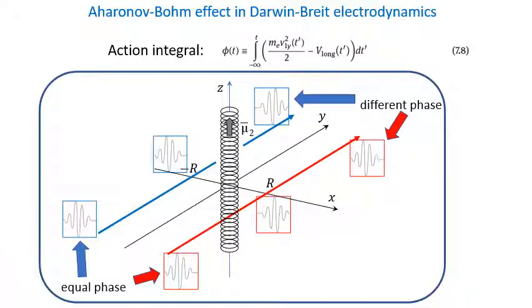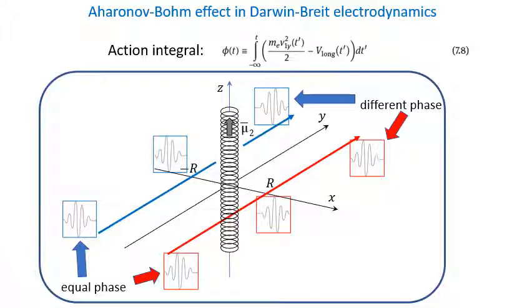While traveling along the two trajectories, right red and left blue, the wave packets would accumulate different phases because the values of the potential are different along these two trajectories. This means that at the end of their journey, the two wave packets will get different phases. So the result of their interference will depend on the magnetization of the solenoid.